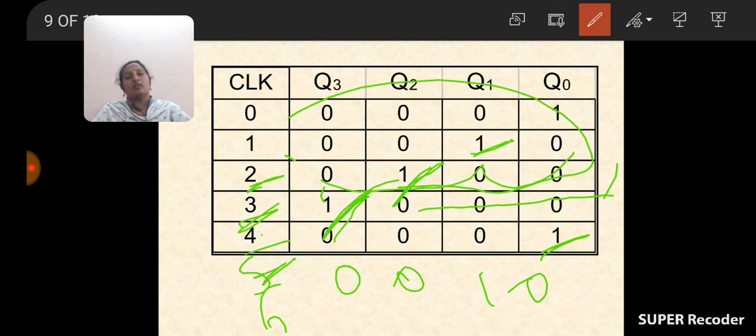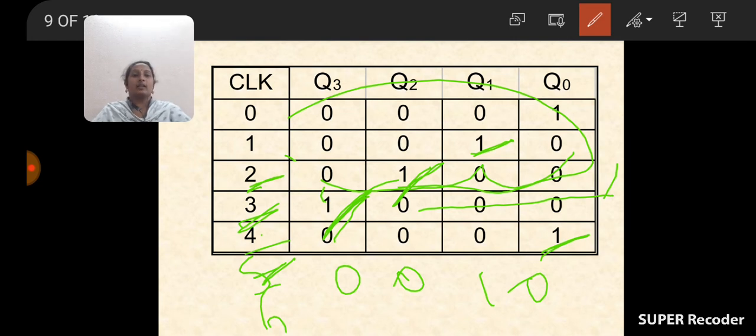That's why this counter is called a ring counter. After every 4 clock pulses, the state of the flip-flops will be the same. For 0 it is 1 0 0 0, for 4 it is 1 0 0 0, and for 8 it is 1 0 0 0. Means what? After every 4 cycles the output is the same. At 0 it is 1 0 0 0, at the 4th clock pulse also, and at the 8th clock pulse also.